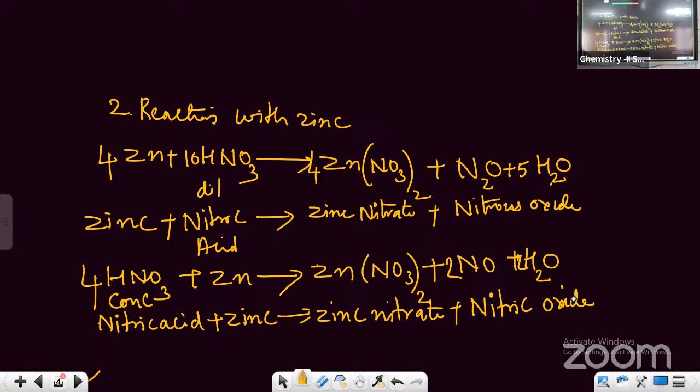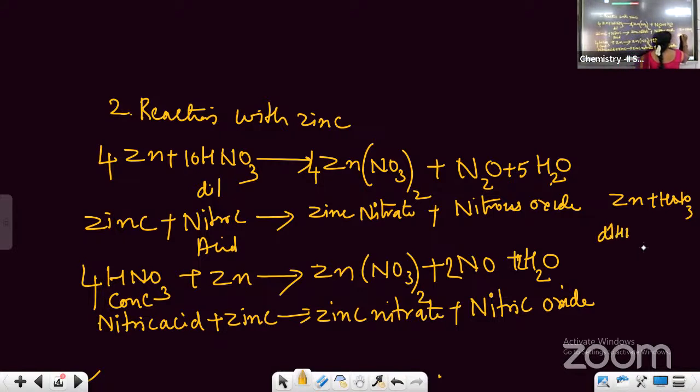So the reaction of nitric acid with the zinc gives zinc nitrate plus nitrous oxide with the dilute HNO3, whereas with concentrated HNO3, it gives zinc nitrate plus nitric oxide. तो आपको कैसा याद रखना है? Zinc plus HNO3. पूरा statement एक साथ पढ़े तो ट्रिक्स से याद रखना नहीं होता. पहले ट्रिक्स से याद रखो.